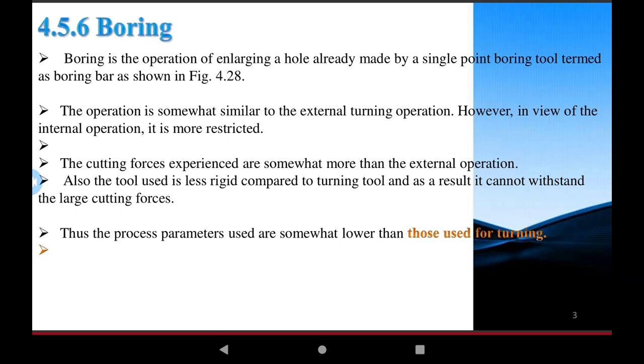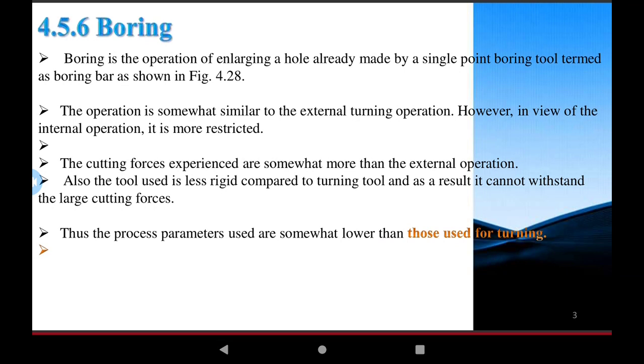The manufacturing operation for internal turning and external turning is then performed on the workpiece. The cutting forces expressed are somewhat more than in the external turning operation, to achieve a very smooth surface.